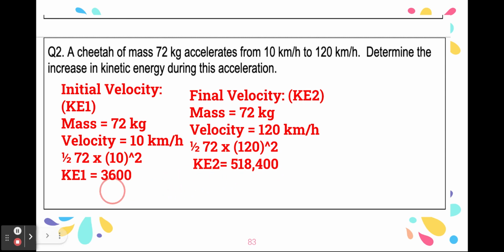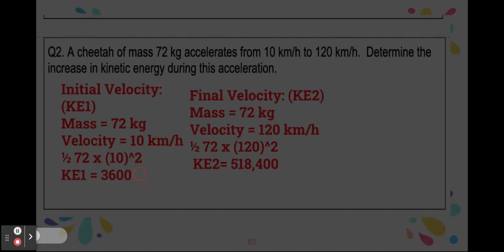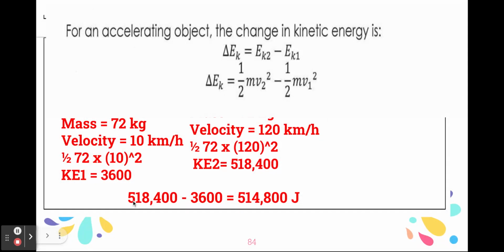So to find the change, we need to subtract these. We take the final minus the initial. So we take the final, which is 518,400, minus the initial, 3,600, and your total answer is the cheetah's change in energy was 514,800 joules. So from when it started to when it sped up, it changed by that much.